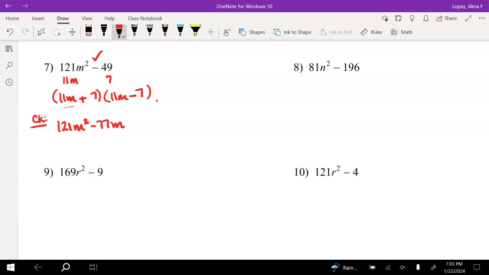When I finish with the 11m, I'm going to scoot over now and distribute the 7m onto the second parentheses. 7m times 11m is positive 77m. And 7 times negative 7 is negative 49. Notice that the two middle terms cancel. That's why a difference of two perfect squares factors the way that it does. I'll see you in the next video.